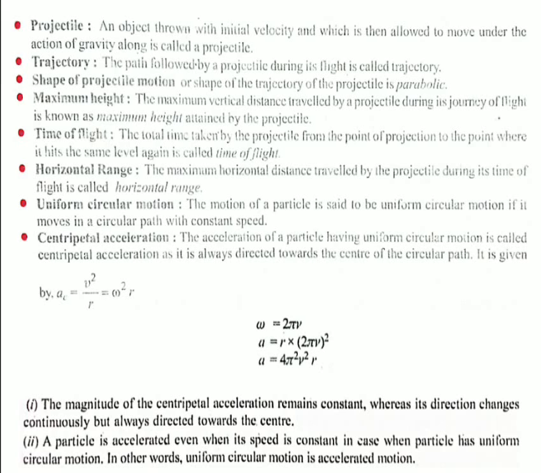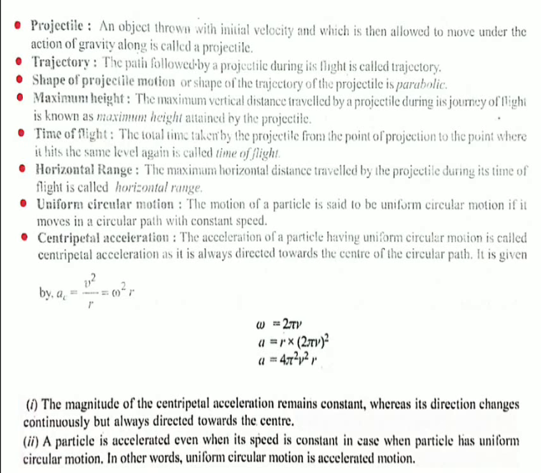If the particle executes uniform circular motion, the acceleration acting on it will always be directed towards the center of the circular path, and that acceleration is called centripetal acceleration. You can see the expression here: AC is equal to V square upon R. V is the magnitude of the velocity which remains constant, nothing but the speed, and R is the radius of the circular path.